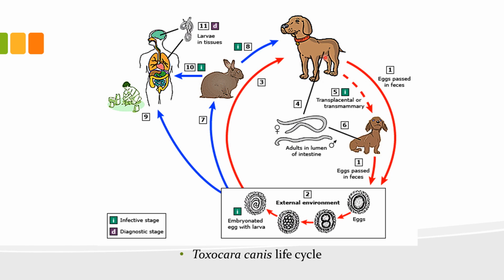At this particular phase of the life cycle of Toxocara canis, the encysted stages of the parasite that are present in the dam are reactivated in the female dogs during late pregnancy. And after the reactivation, during birth or during lactation, the parasite can be transmitted to the puppies.